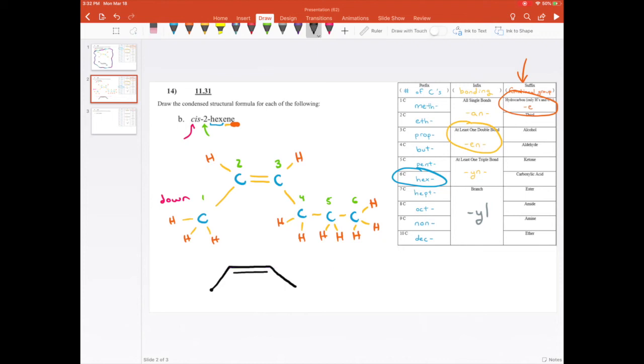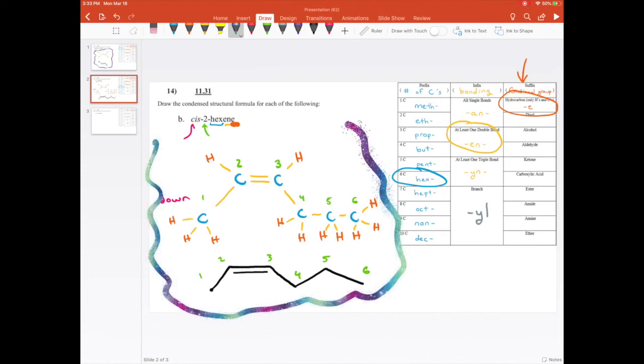After you make the double bond, though, now you can go back to doing zigzags. We have already used 1, 2, 3, 4, and so we have 2 more carbons, 5 and 6. And so this would be the skeletal structure for cis-2-hexene. Either of these are valid structures for cis-2-hexene.